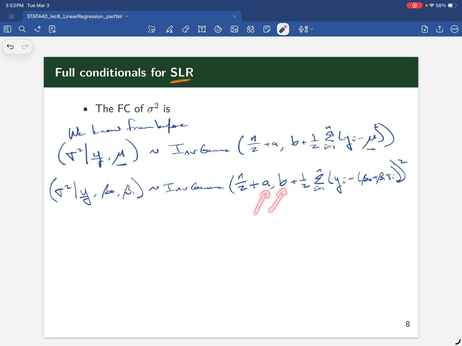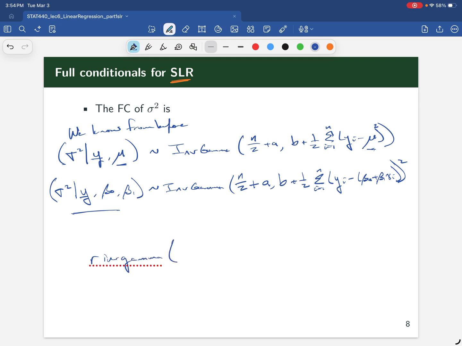A and b are hyperparameters of the inverse gamma that come from our specification of the prior. And so we've got everything we need to determine the first parameter of our inverse gamma and the second parameter of our inverse gamma. So when I want to draw from this posterior distribution, I can just use rinvgamma, where the first parameter is that n over 2 plus a.